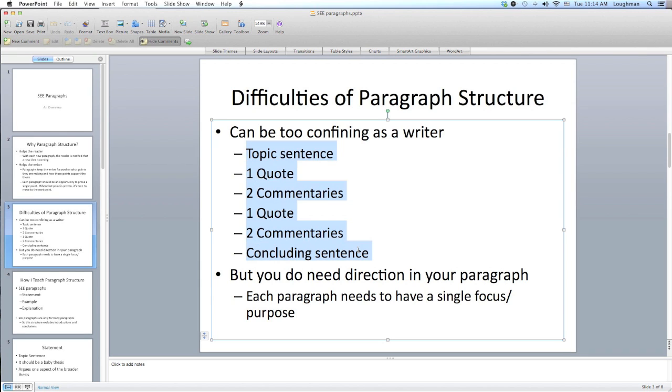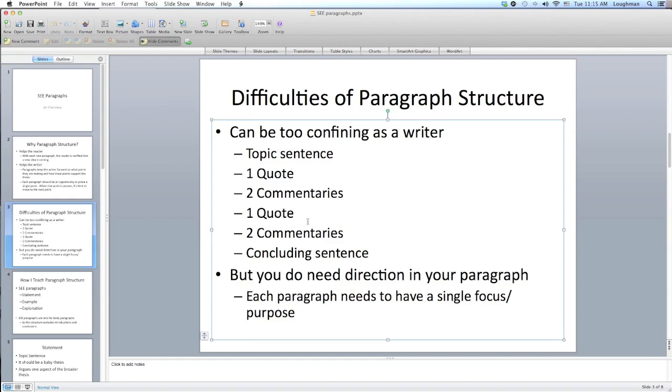I don't think she teaches this, but it's a good idea, but it's a little confining, to where it prescribes every sentence. You have your topic sentence, put a quote, talk about the quote in 2 sentences, put another quote, talk about that in 2 sentences, concluding sentence. There's no real wiggle room to be artistic, to be creative, to put your own spin on your own writing.